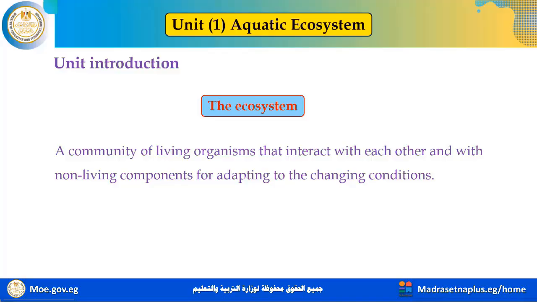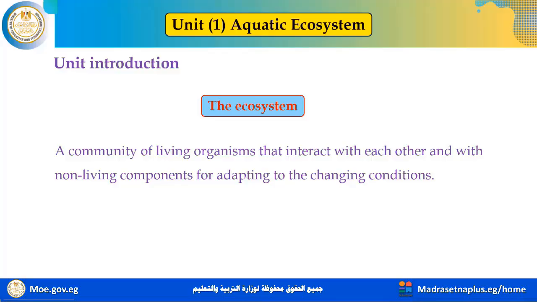Let's repeat this definition again. The ecosystem, a community. And the community here means a group of things, a group of living organisms living together. Okay? Not only the living organisms, but also the materialistic things like the land, like rocks, like air, like water, and so on.